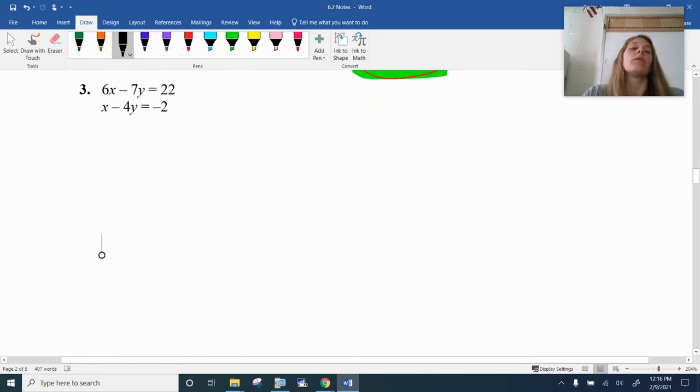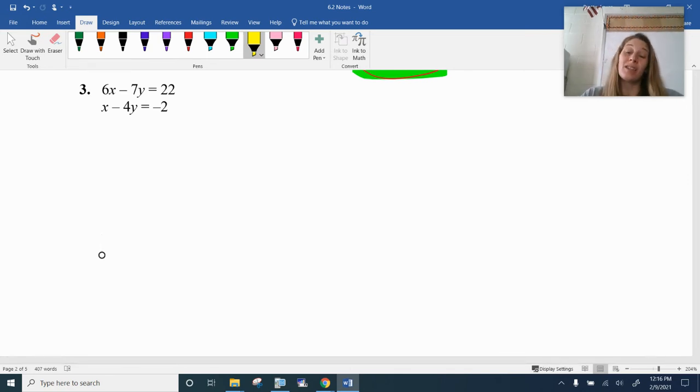Okay, so moving on to number 3. So if I had to ask you which of those 4 variables would you think would be the easiest to get by itself, hopefully you would say the x in the second equation, because it does not have a coefficient other than 1.